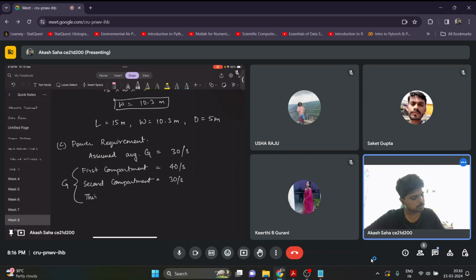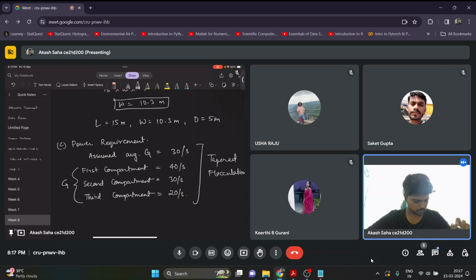And for my third compartment, it will be 20 per second. So this I am doing for tapered flocculation. As I know, tapered flocculation is always better than conventional or single flocculation. So that's why I am doing this tapered flocculation.